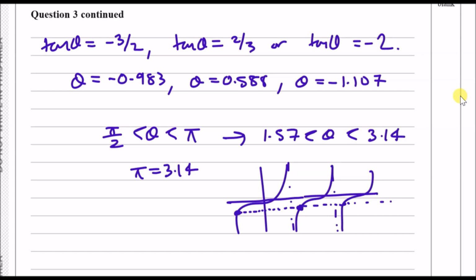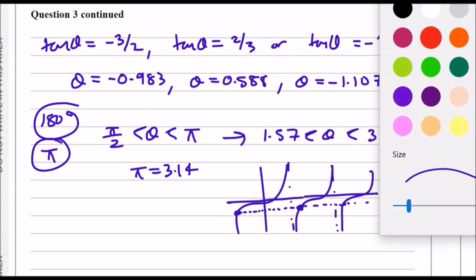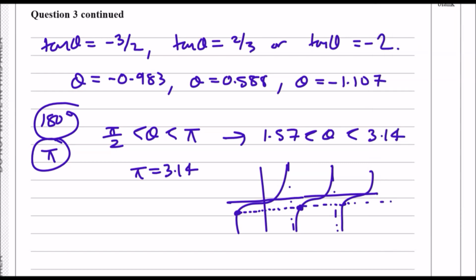But because we're working in radians, we've got to use pi, because in radians, 180 is the same as pi. So for every single answer here, to get additional answers, keep adding pi.